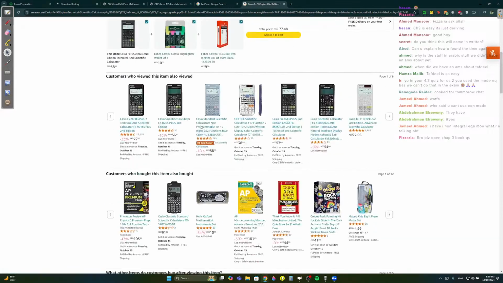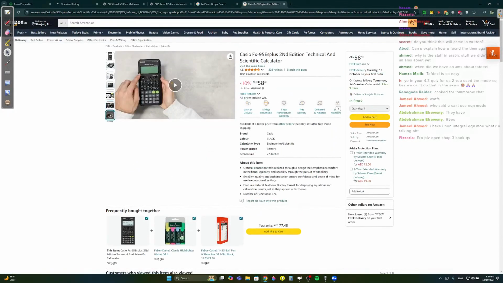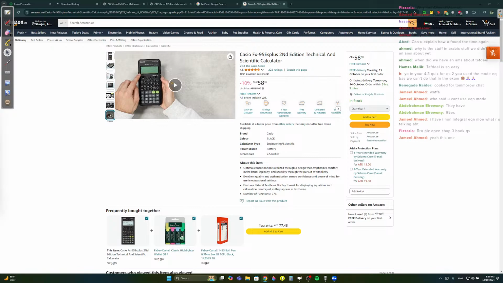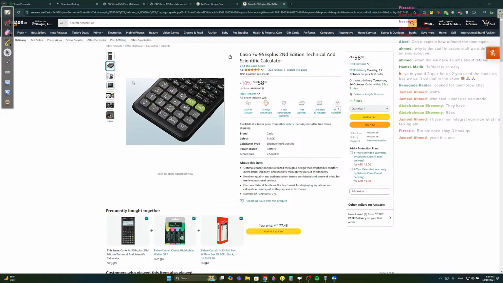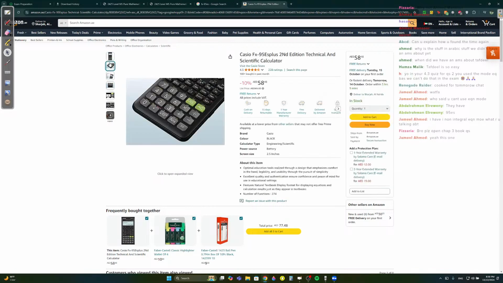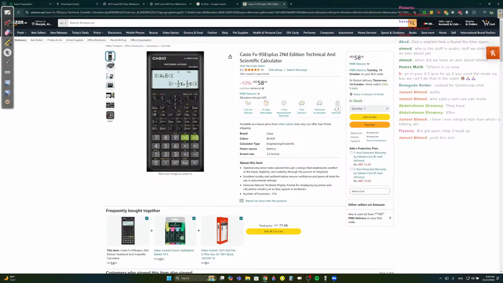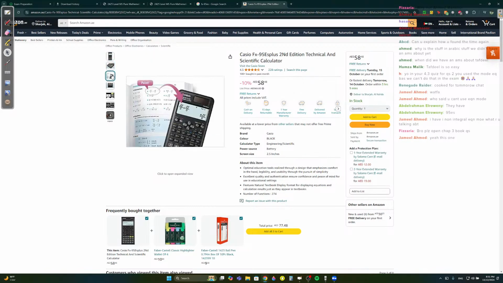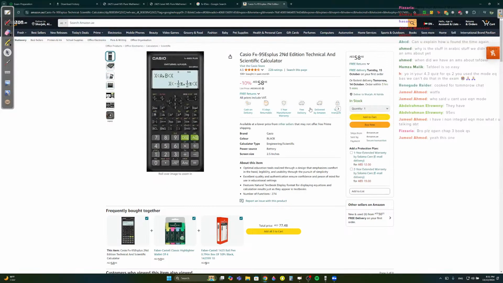Oh, so there is a non-integral calculator that can solve equations. I might actually have to buy it. Wallah, I actually might have to buy it.